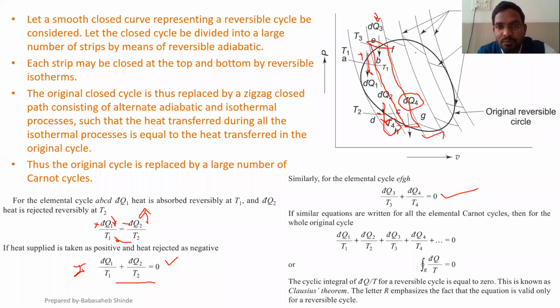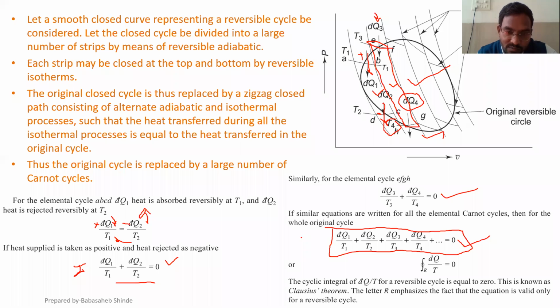Similarly, for the remaining parts of the cycle, having done the first two parts, the relation would be dq1 by T1 plus dq2 by T2 plus dq3 by T3 plus dq4 by T4, and you can keep on adding these stages, and ultimately that whole addition is going to be equal to 0. That will be for the whole process.